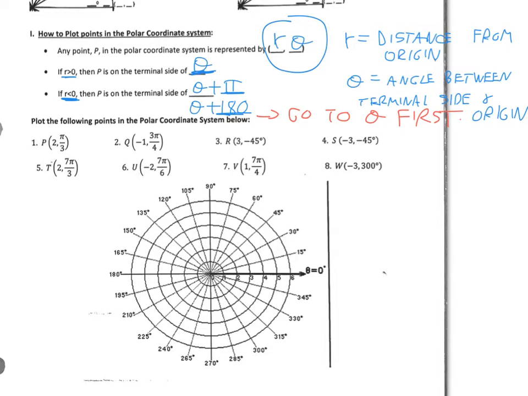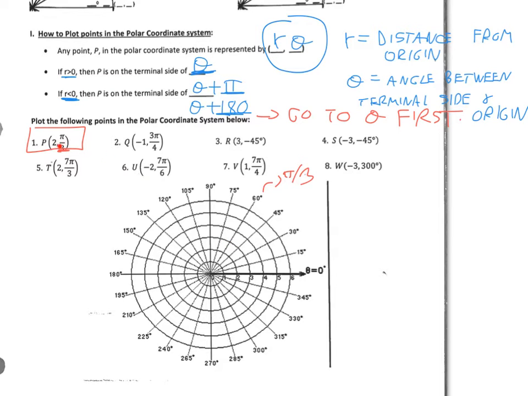Where is it located? So if I were to graph this point P, I'm going to go to the angle first, the pi over 3. Now the pi over 3 is 60 degrees. This is pi over 3. All right, so then this means this is where this point's going to be, anywhere at 60 degrees, right? It's the angle between this terminal side and the origin, all right?